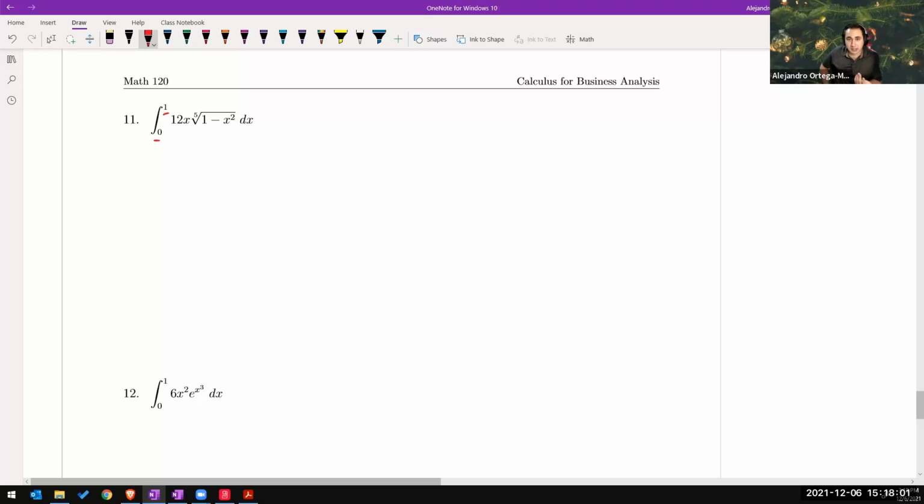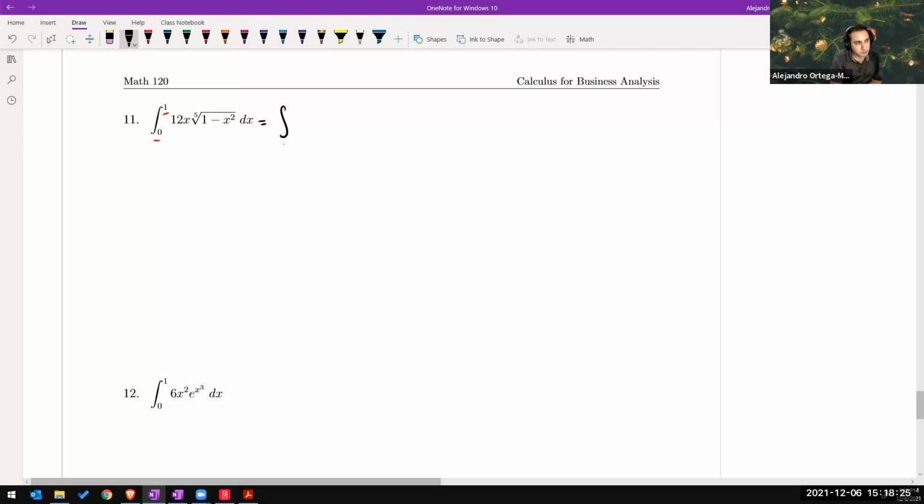But the whole idea here is once we're given a definite integral where we need to use a u substitution, we're going to need to change the limits of integration. And I'll show you why in a second. But first, if you take a look at this problem, again, I have a radical. We don't like radicals, so we rewrite them as a rational exponent.